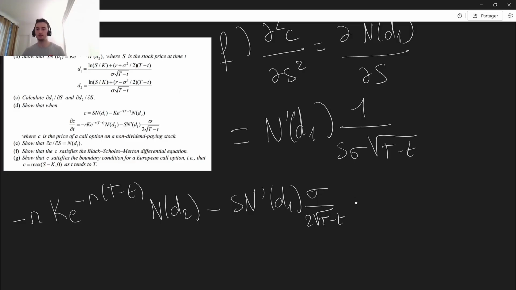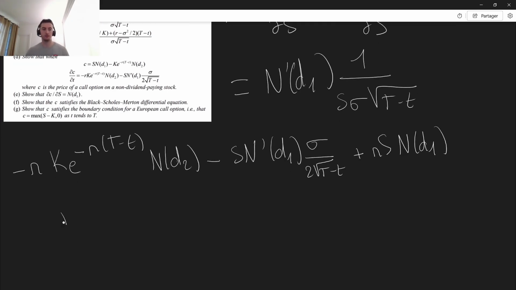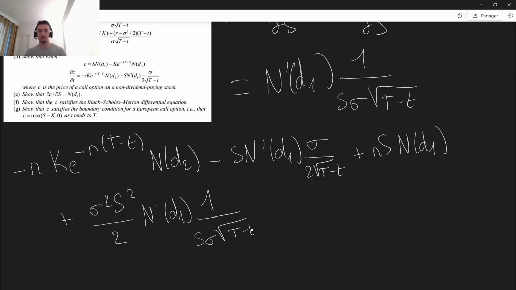Now it's plus rS from the Black-Scholes equation times the derivative with respect to S. And now it's plus sigma squared S squared divided by 2, and the second derivative, which is N prime of d1 times 1 over S sigma square root of T minus t.